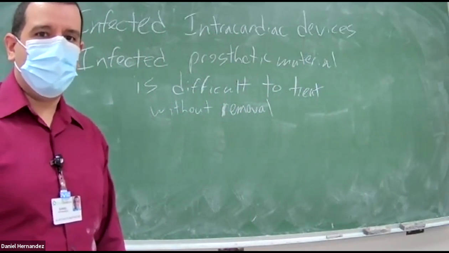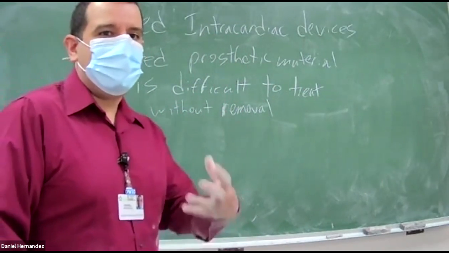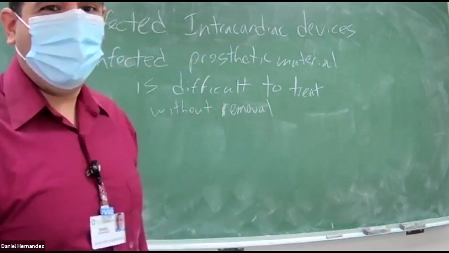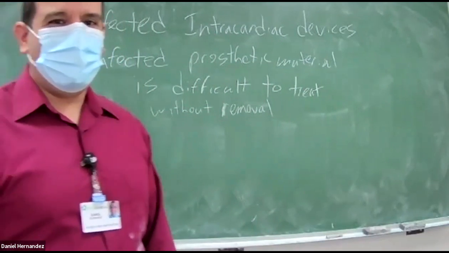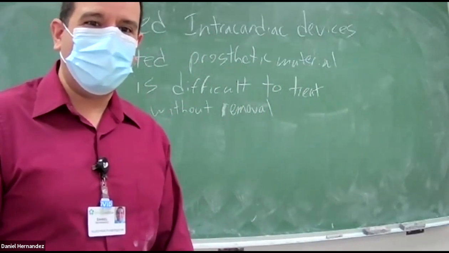That's why patients with prosthetic valves are typically treated with a prophylactic antibiotic before they go for dental procedures. You see Alana's shaking her head. Is it even for routine cleanings sometimes, or no?